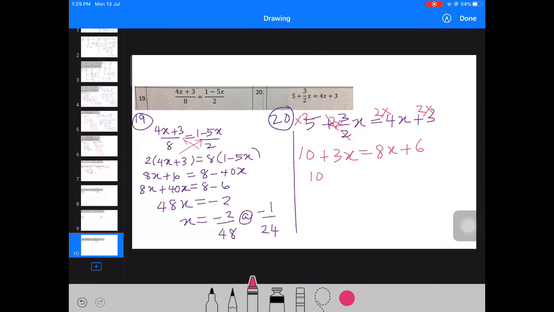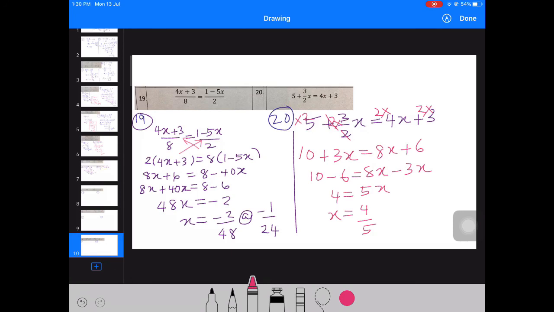Okay, so 10 minus 6 equals to 8x minus 3x. I group the like terms at this stage. So 10 minus 6 is 4 equals to 5x. Therefore, we can have x equals to 4 divided by 5, or 4 over 5. Okay, alright.